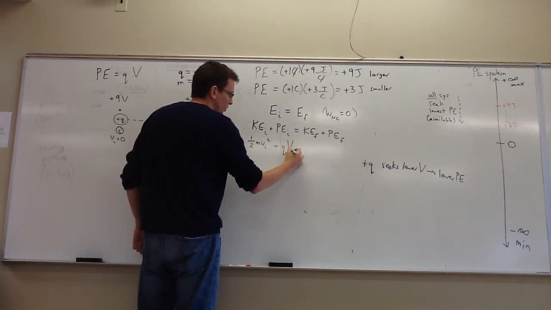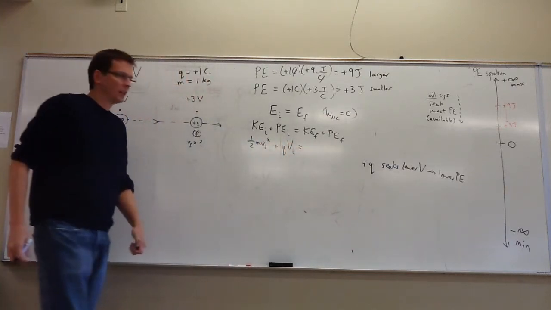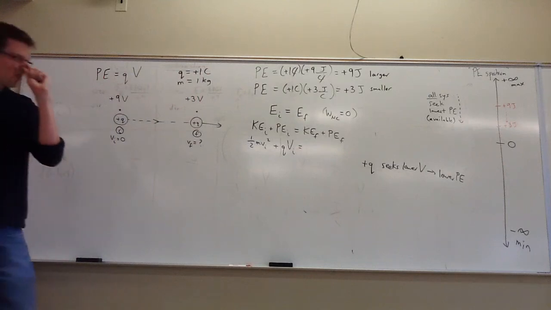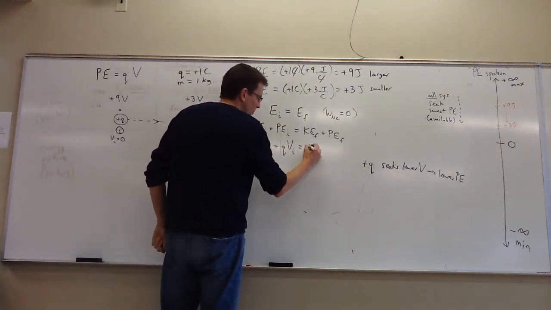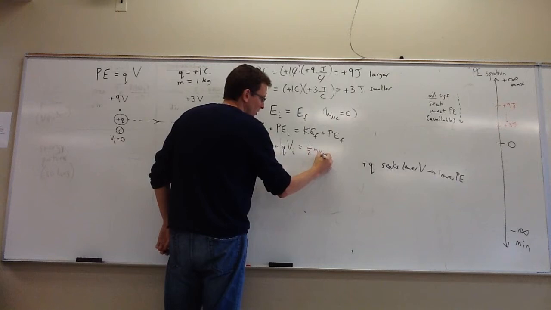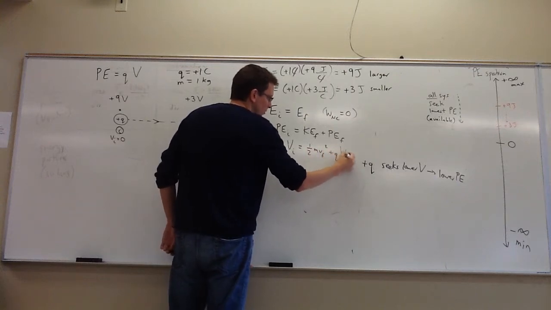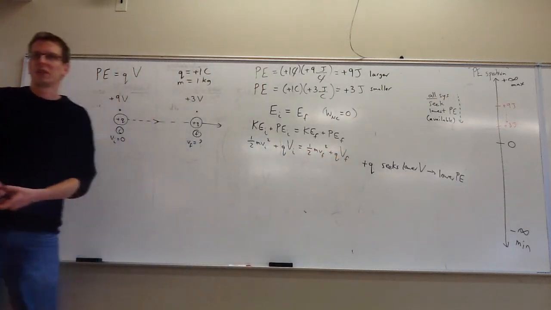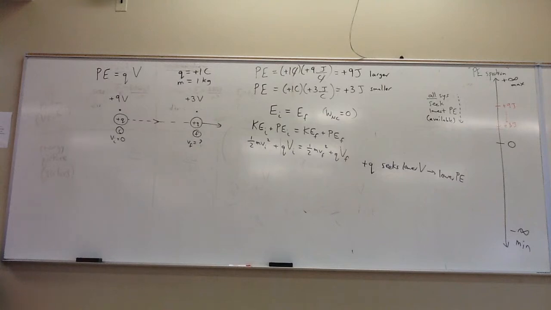And then I'm going to just do it symbolically here before I cram in the numbers. Be really careful about your uppercase V's and your lowercase v's. So lowercase v is speed and uppercase V is voltage. So that's what I have. Is that okay so far?